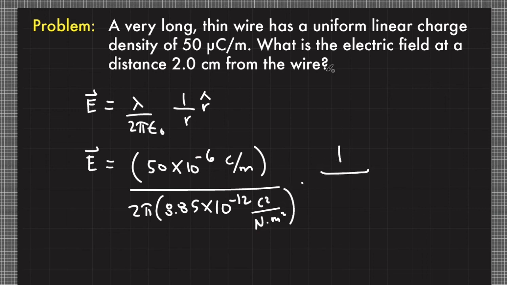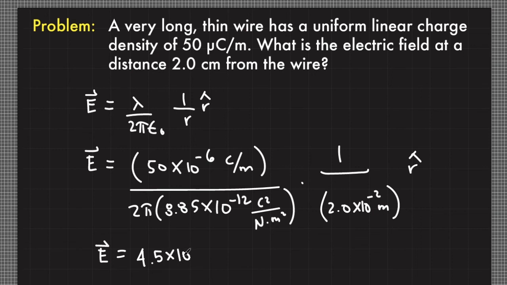We wish to calculate the electric field at a distance 2.0 centimeters from the wire. So that would be the value of r: 2.0 times 10 to the negative 2 meters, r hat. So this is equal to 4.5 times 10 raised to 7 newton per coulomb. So that's it.